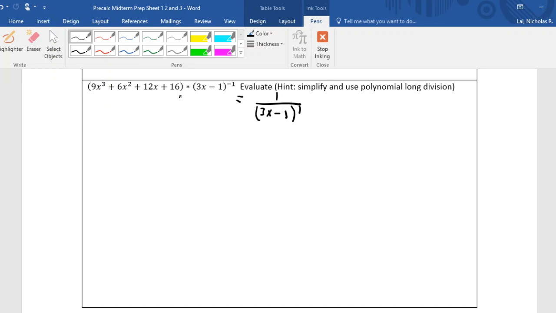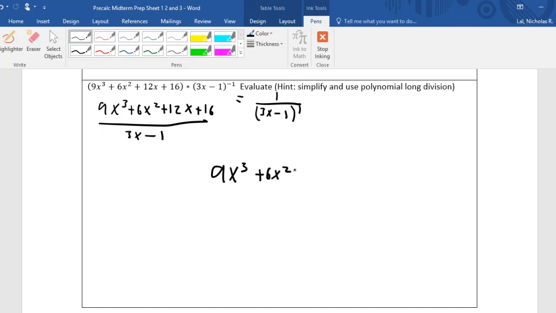So rewriting this, it becomes 9x cubed plus 6x squared plus 12x plus 16 all over 3x minus 1. And this is where we do some polynomial long division. 9x cubed plus 6x squared plus 12x plus 16 divided by 3x minus 1.